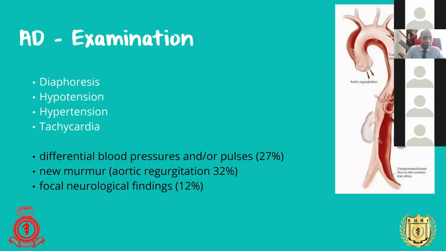An aortic regurgitation murmur can be present, and focal neurological signs can be present in 12%, not much, so you always need to keep a suspicion to avoid missing patients who present with acute myocardial infarction with an element of aortic dissection.